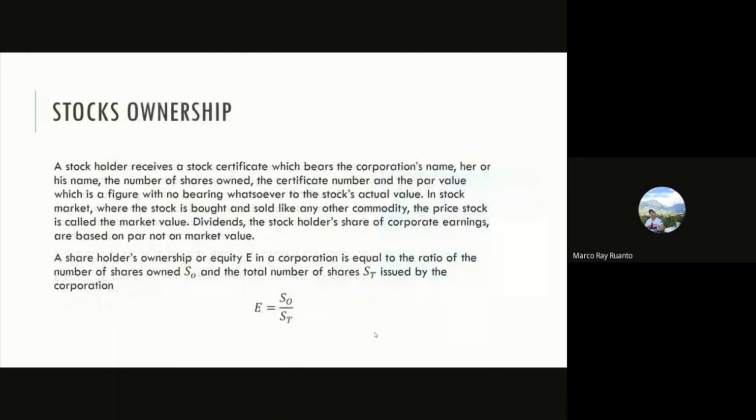Okay, for the stocks, this is how you compute your equity. By the way, the equity is the percentage of your share in the company, or the ratio of your share to the total number of shares.